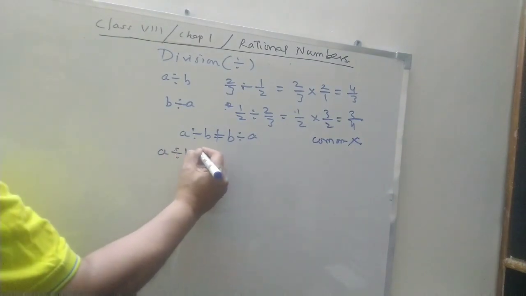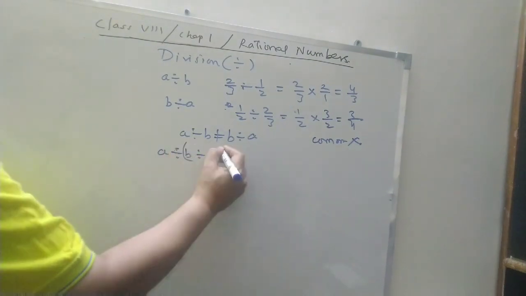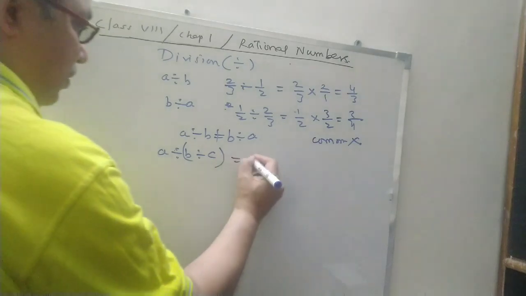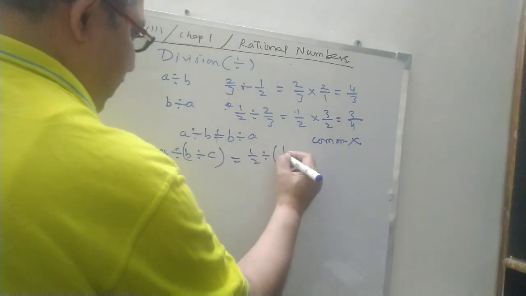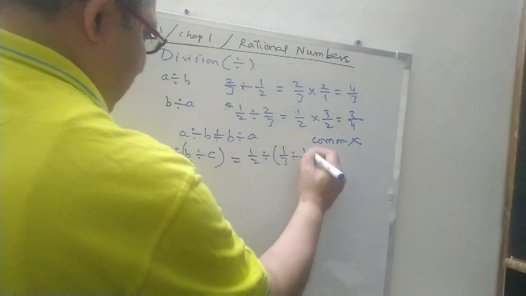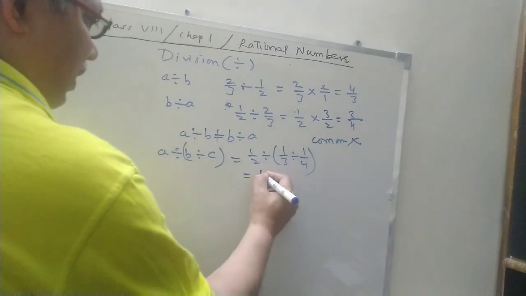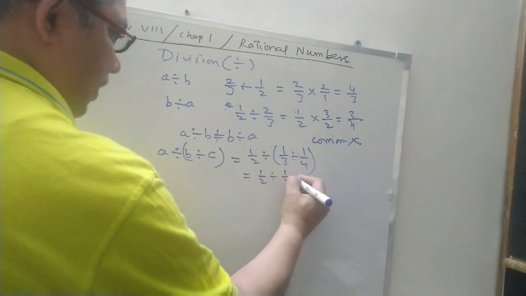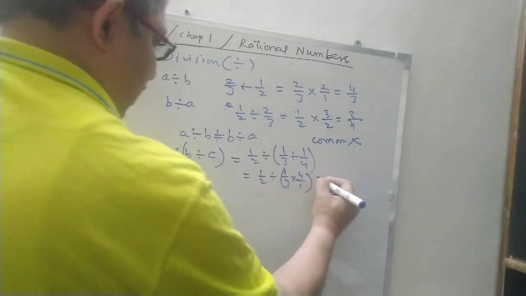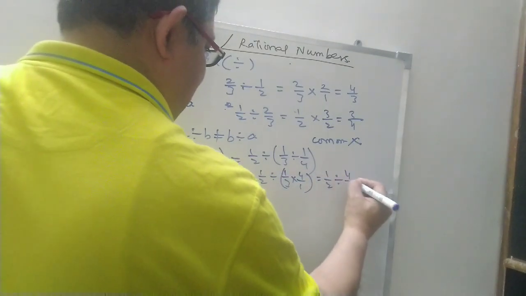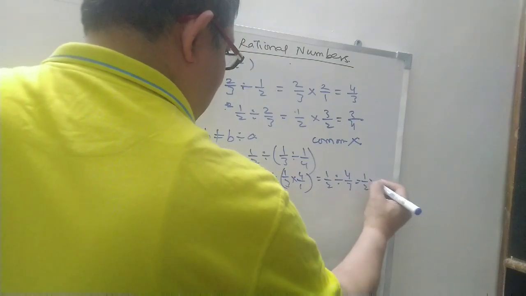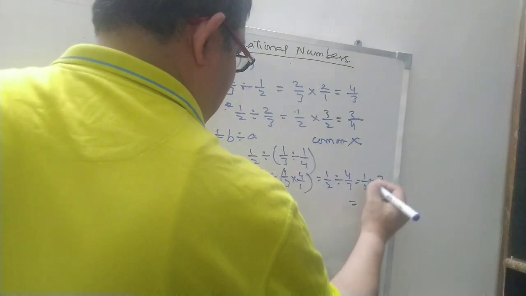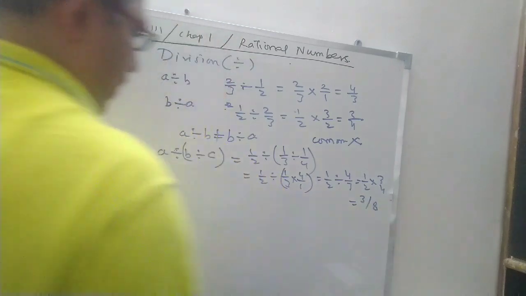A divided by B divided by C. Let me take say half divided by 1 by 3 divided by 1 by 4. Half divided by 1 by 3 into 4 by 1. Half divided by 4 by 3. Half into 3 by 4. So it becomes 3 by 8.